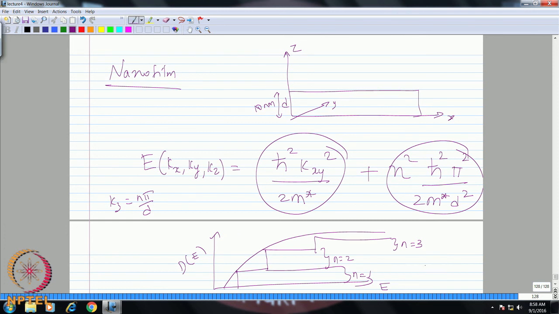In the case of 2D confinement, you will have quantum wires. So, that means like this, just discrete vertical lines, and in the case of 3D confinement they become just points, quantum dots. So, these are the ways how the density of states can get modified depending on also the quantum confinement effects.